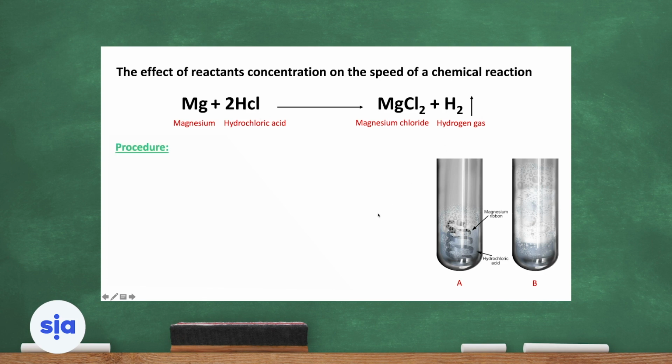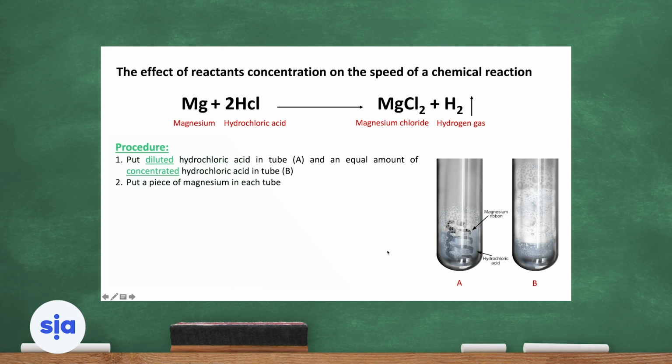We will put diluted hydrochloric acid in tube A and an equal amount of concentrated hydrochloric acid in tube B. So tube A diluted, tube B concentrated acid. Put a piece of magnesium in each tube and look for the speed of the reaction.